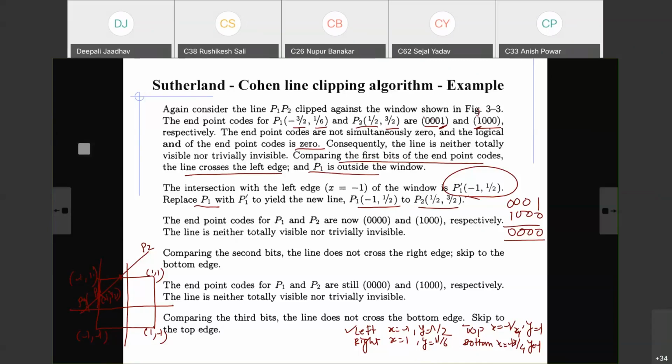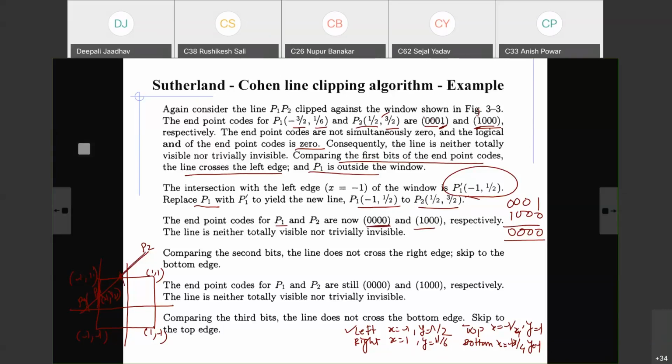Now go for the next one. The endpoint code of P1 is now 0, 0, 0, 0. Why? Because now it is interior to the window. Entire P1 is now interior to the window. P2 remains 1, 0, 0, because it crosses the top.